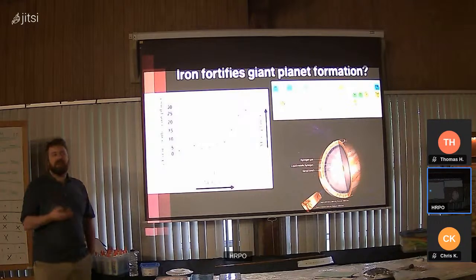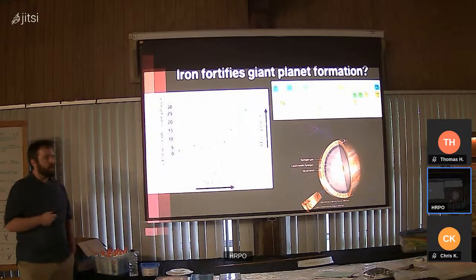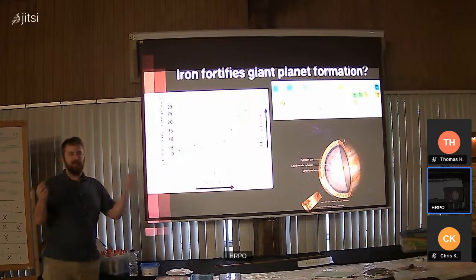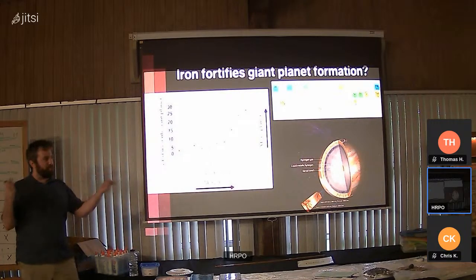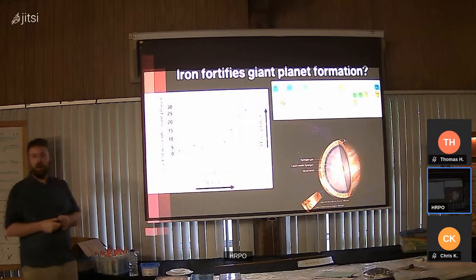And again, I haven't kept track of this, but there's a mission called, why am I forgetting the name of it? Juno? Juno, thank you. That has sensitive gravity measurements, so it can measure the differential amount of gravity as it orbits.